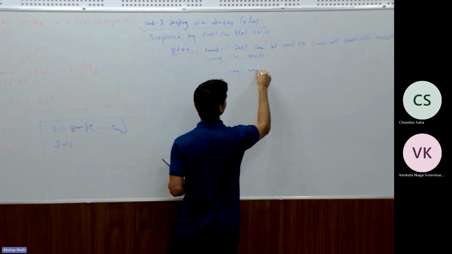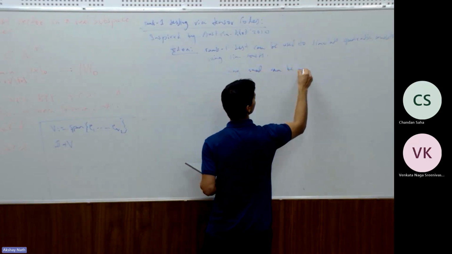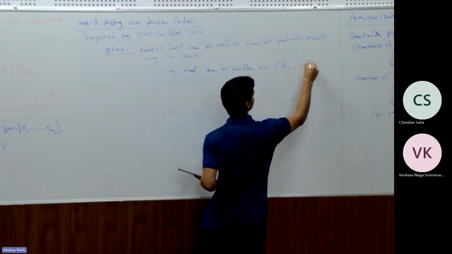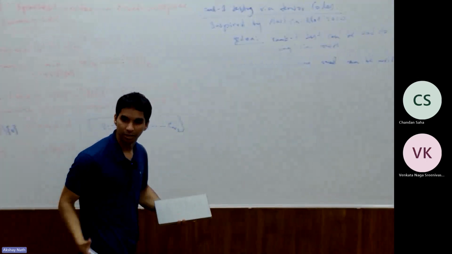Any quadratic can be written as Qi inner product XX transpose, where Qi is a matrix.